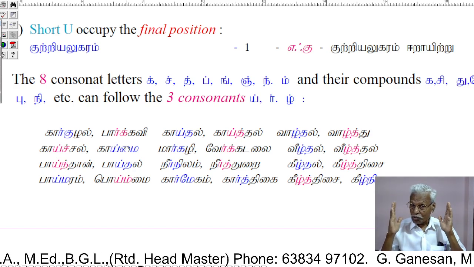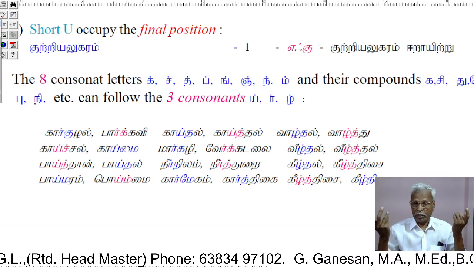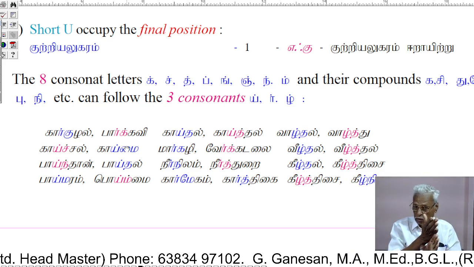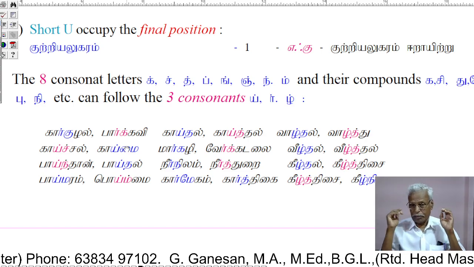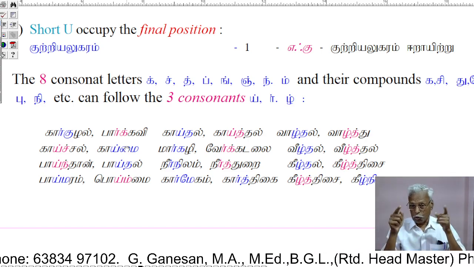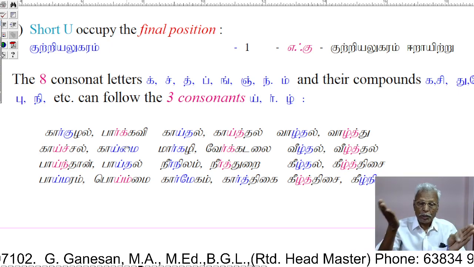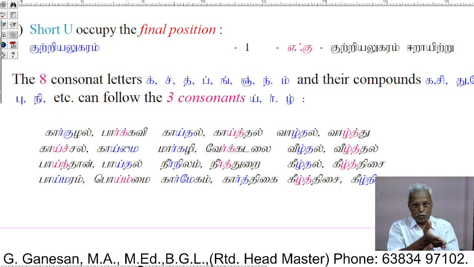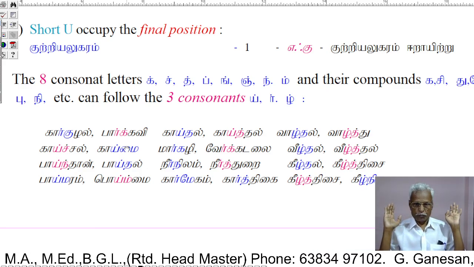These consonants e, ir, il could be followed only by these 8 consonants, and not all the consonants could follow them. Also the compound letters could follow these 3 consonant phonemes.